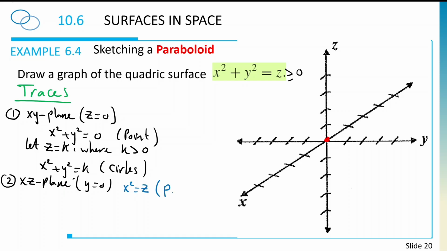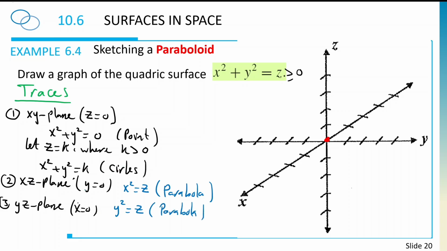And this is a parabola. The last one now, the third one. So I have xy, xz, now I have yz. I need the intersection with the yz plane, so I'll let x be equal to 0 this time. So x is 0, so I have y squared equals z, and this is another parabola.